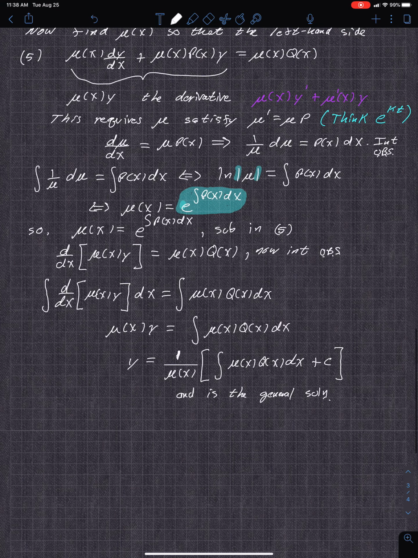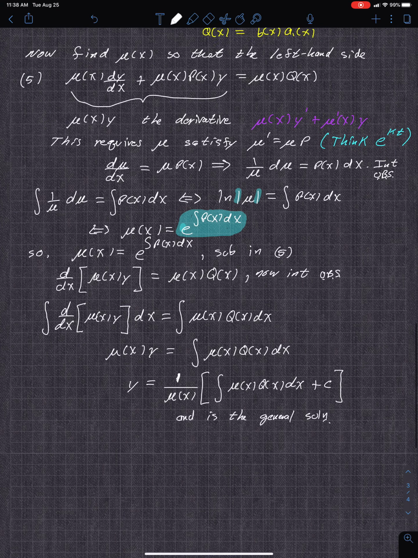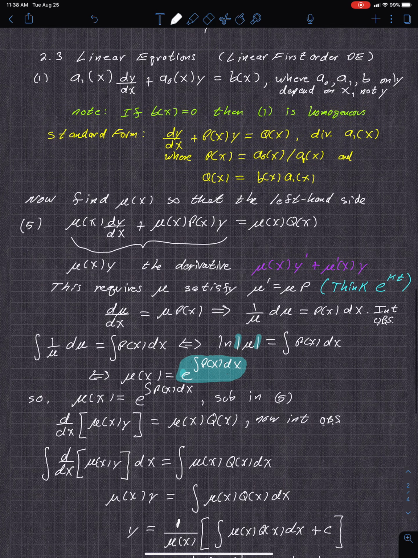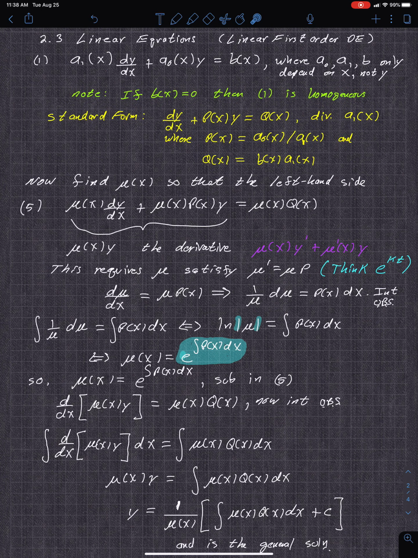So one of the things we need to realize is back here, when you have the d dx of mu of x y, that's this whole thing here. So this here is this.